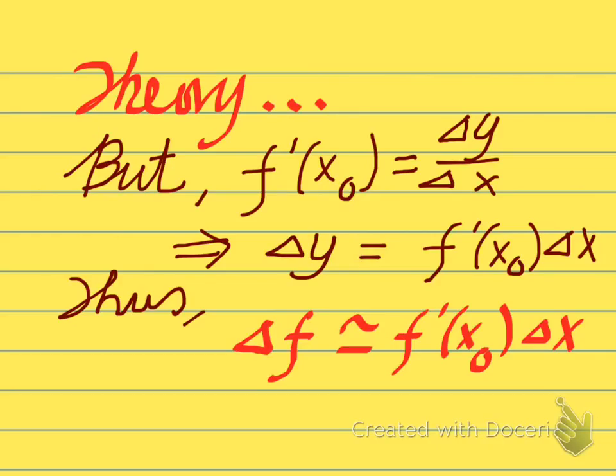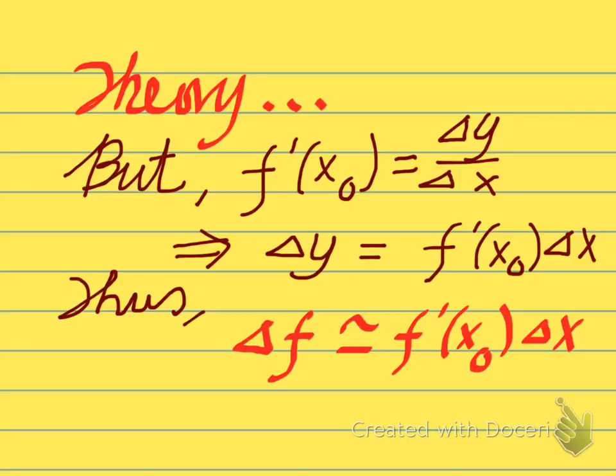But when we refer to the diagram in the second slide, we may find that the derivative of f at x equal to x0 is equal to delta y over delta x, or rise over run. And this implies that delta y is equal to the product of f prime x0 and delta x.